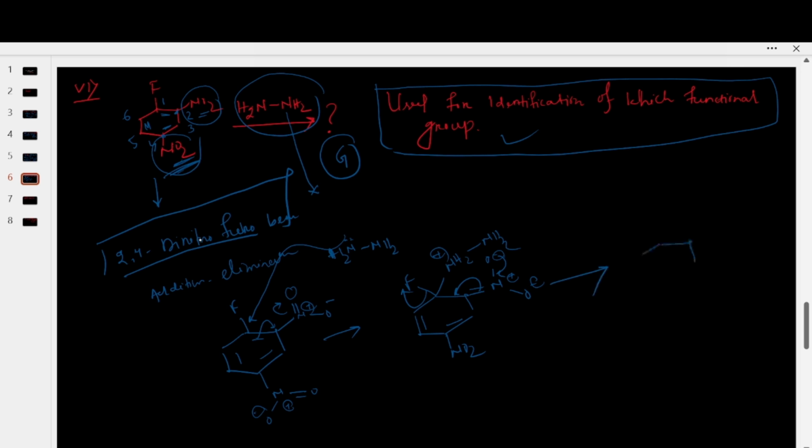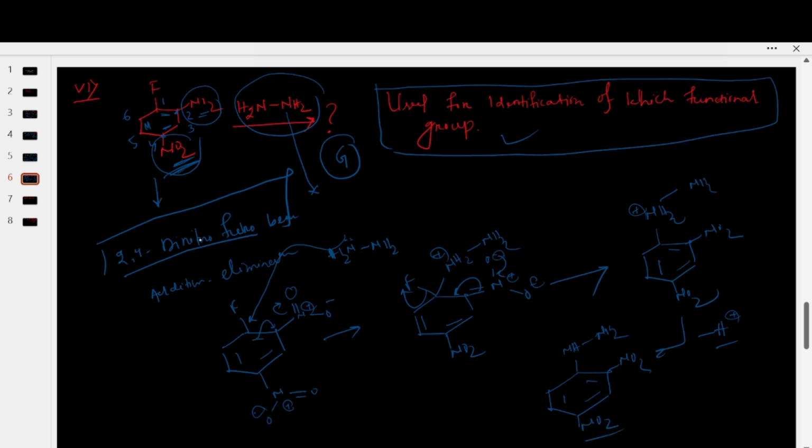Then what will be your product? The nitro again comes into its original state, NH2 plus NH2. One of the hydrogens will leave, H minus H plus. It will form NH, NH2, NO2, NO2.